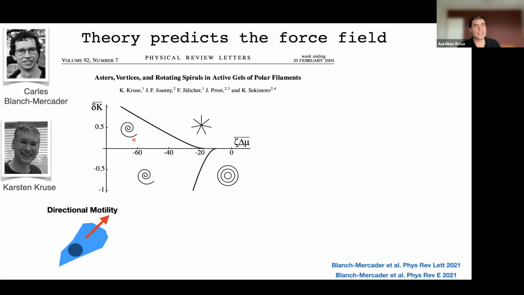For reasons that I want to explain today, we needed a theory a bit more general than what was in this paper, and Carles actually did the theory, and you can read it in the paper highlighted in blue there. And what makes this theory more general is that it takes into account the two modes of activity in those active nematic gels.